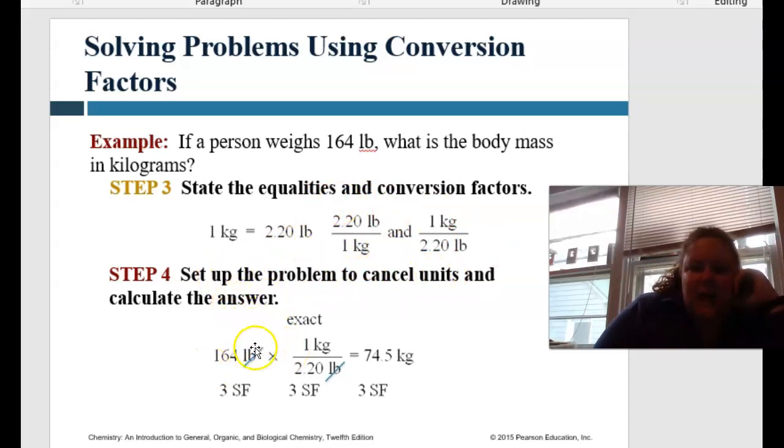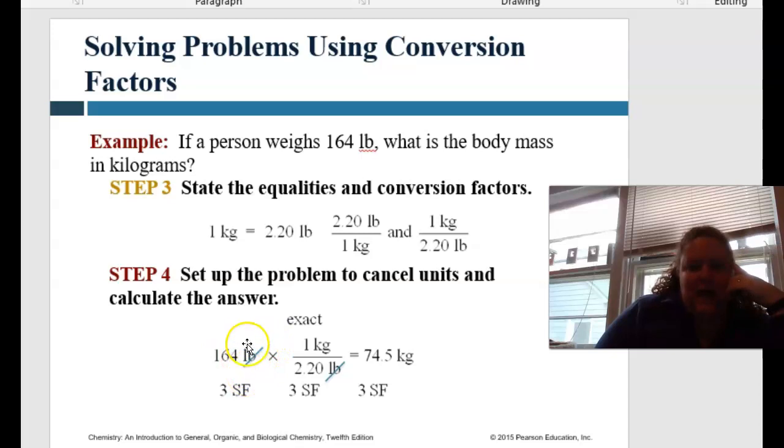You see that if pounds is on the top for one side, we want pounds on the bottom for the other. So this is how, when I said we can flip-flop and it's the same, this is where it comes into play. We want 164 pounds, and that would be over 1 if you wanted to. You don't have to.